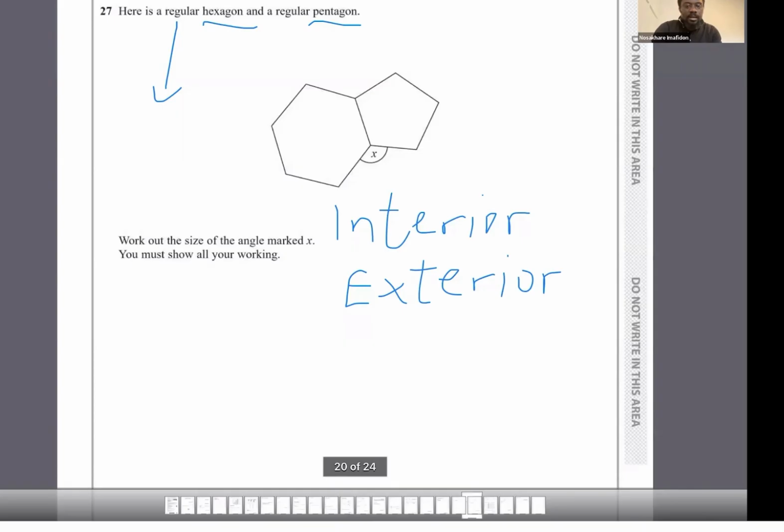But when we say the angles in a polygon, of course, we are referring to the interior angles. And the interior angles of a polygon is given by the formula (n minus 2) times 180.